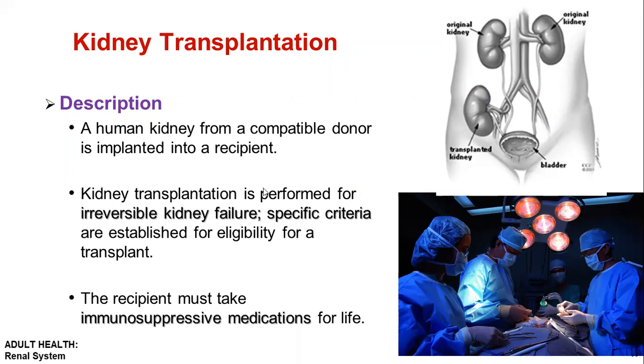So the kidney transplant is performed for irreversible kidney failure, like CKD, end-stage renal failure. And specific criteria are established for eligibility for transplant. The recipient must take immunosuppressive medication for life. And as I said, in the pre-procedure, immunosuppression therapy is provided as prescribed.